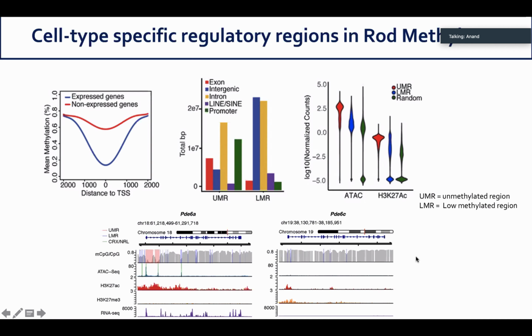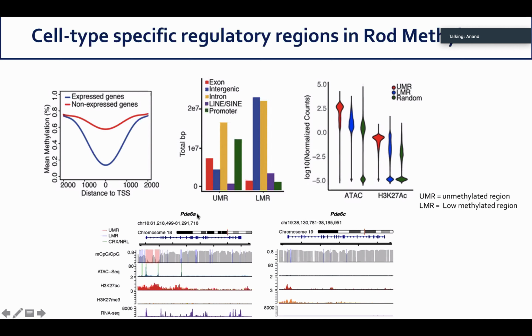And as one would predict, this is a gene, PDE6A, expressed in the rod photoreceptor. PDE6C is not expressed in rod photoreceptors, and everything, including the presence of UMRs and LMRs, methylation, open chromatin regions, and active marks, is very consistent.